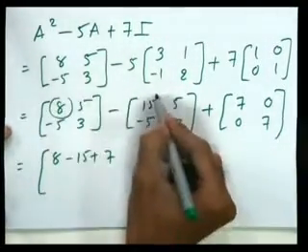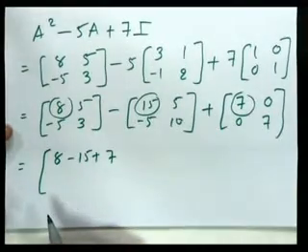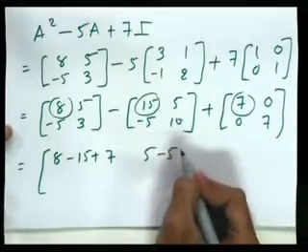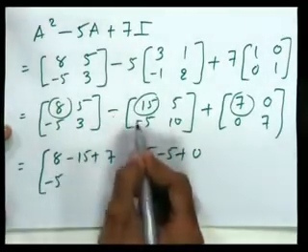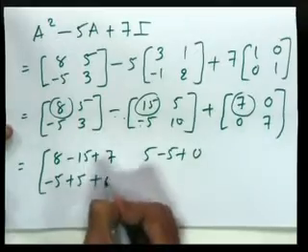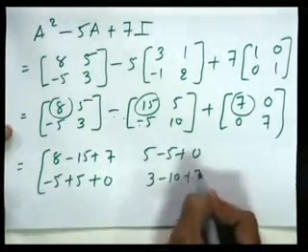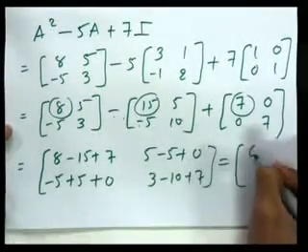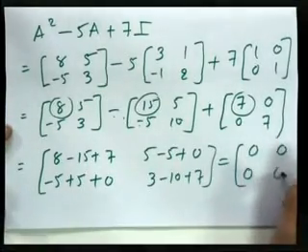here 8 minus 15 plus 7. Then in the same way 5 minus 5 plus 0, then minus 5 minus minus 5, so minus minus plus 5 plus 0, then 3 minus 10 plus 7. So after the calculation, we will get this is 0, this is 5 minus 5, 0, this is also equal to 0, and this is 0.